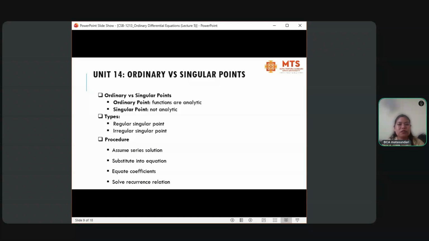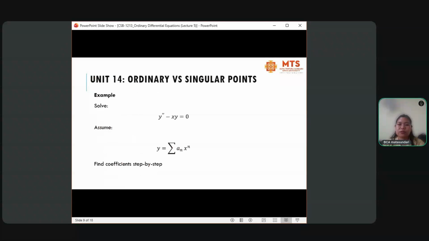An ordinary point means the functions are analytic. A singular point is not analytic. The types are regular singular point and irregular singular point. The procedure for an ordinary point will be: assume a series solution, substitute into the equation, equate coefficients, and solve the recurrence relation.